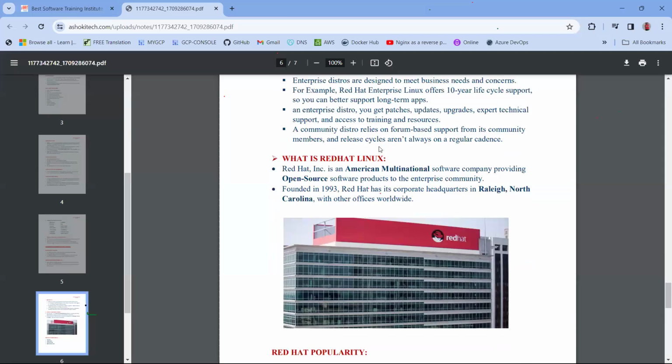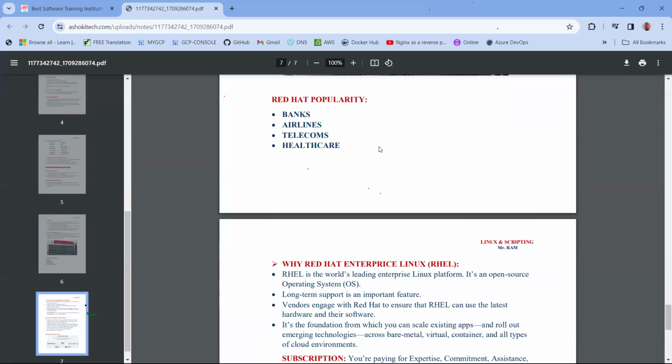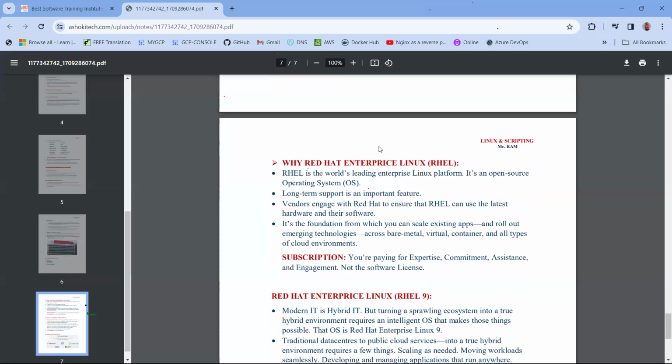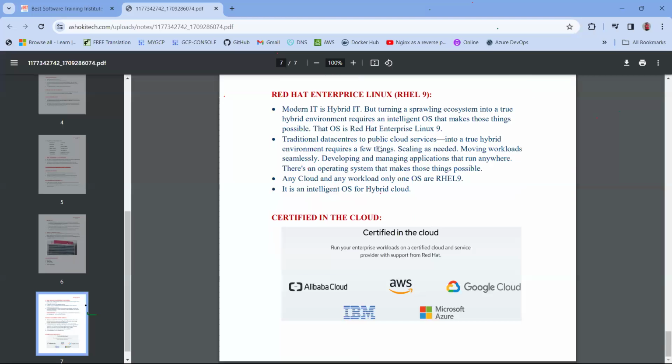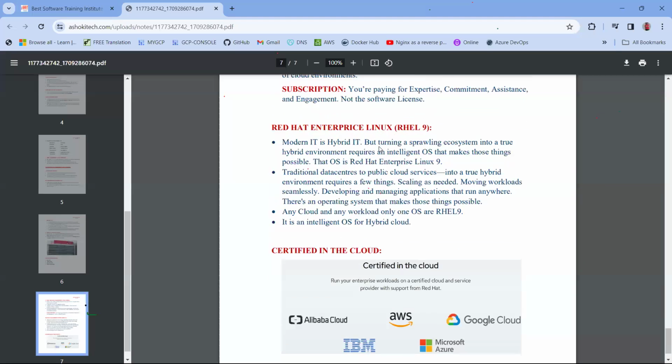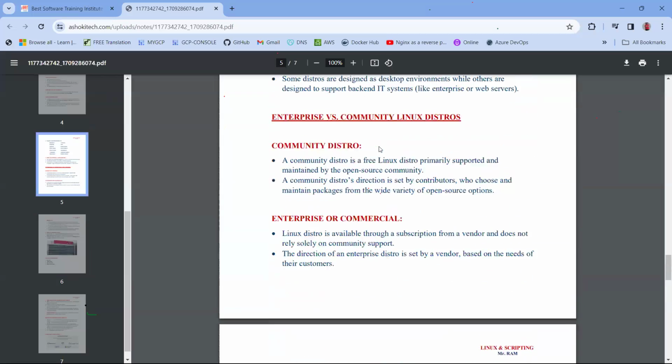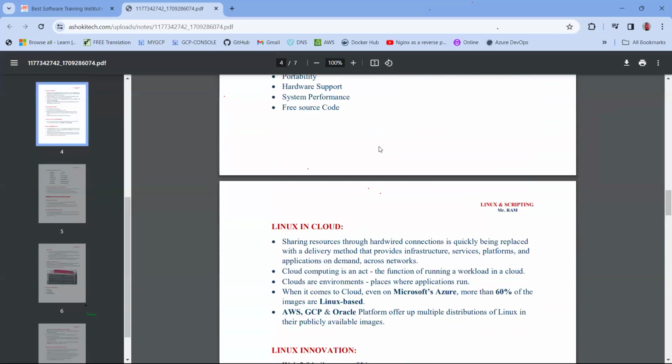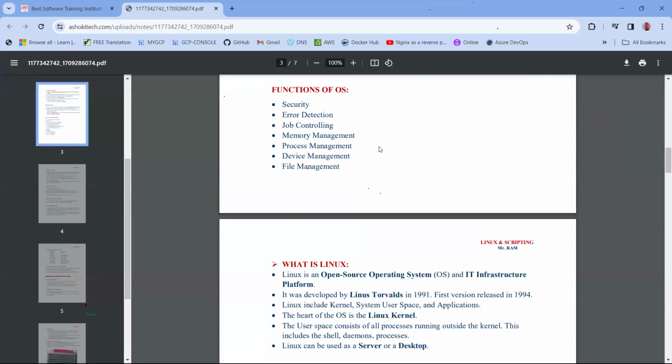What is the Red Hat Linux operating system? Red Hat popularity, why Red Hat Enterprise Linux, and getting certified in Red Hat Cloud. Seven pages in the last lecture. Same way, today I will upload the remaining PDFs. Day by day, once a class is completed, I will upload the PDF immediately. So please check the Ashok IT dashboard, then you will get it.